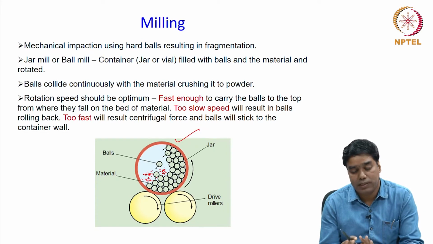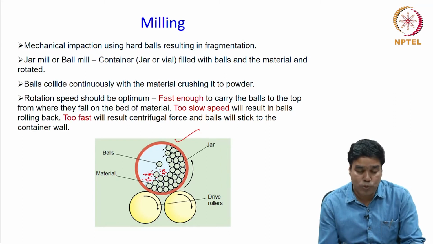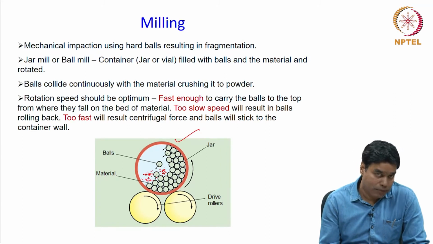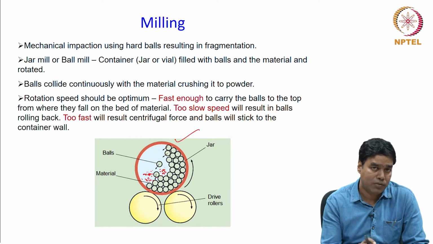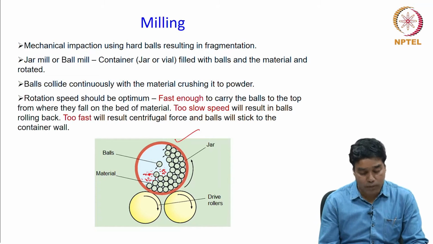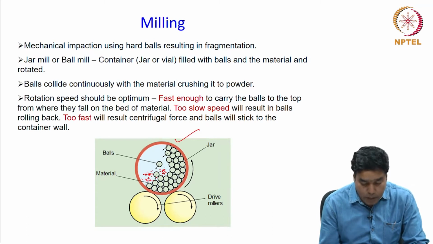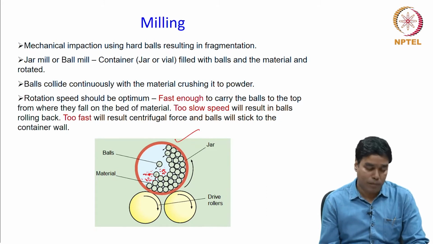If it is too slow, then the balls themselves will not reach the top, and they will simply roll down. Okay. So, you need to optimize this rotation speed when you use this ball milling process.